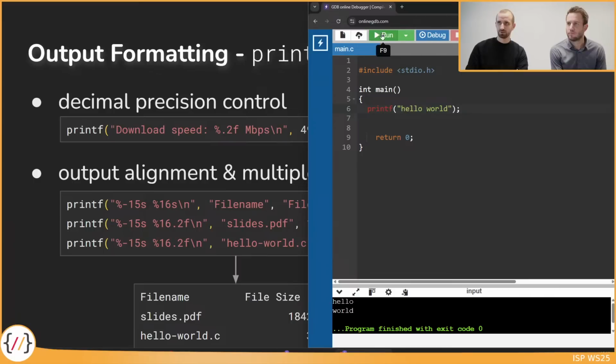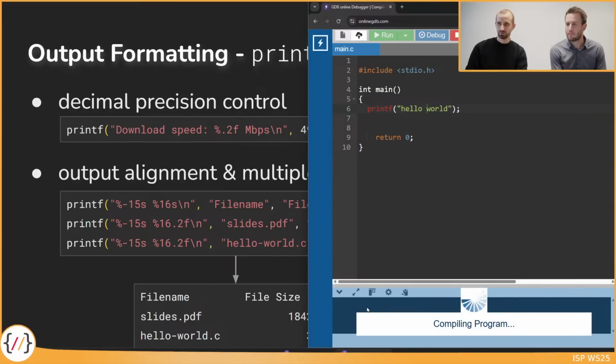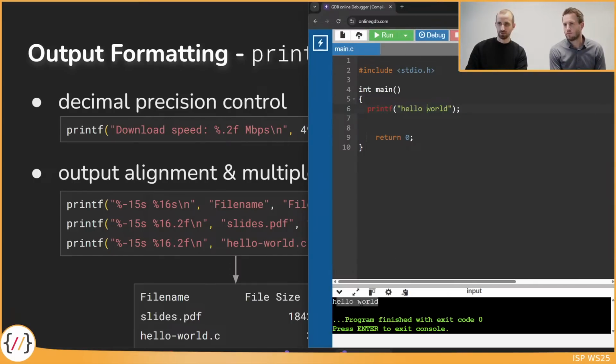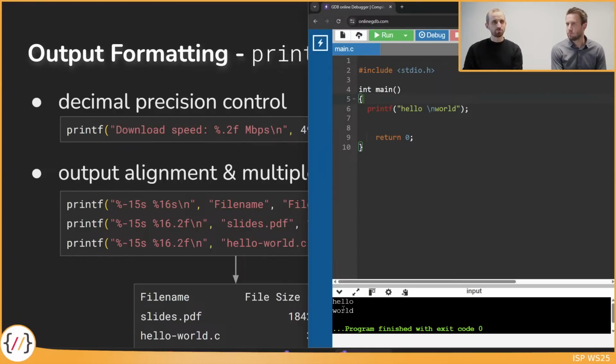When I use it like this and execute it, you can see it's just hello world with a space inside, and this new line is a special character, which just means it's a line break and goes to the next line.